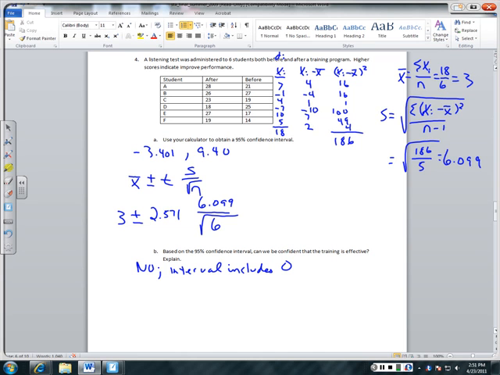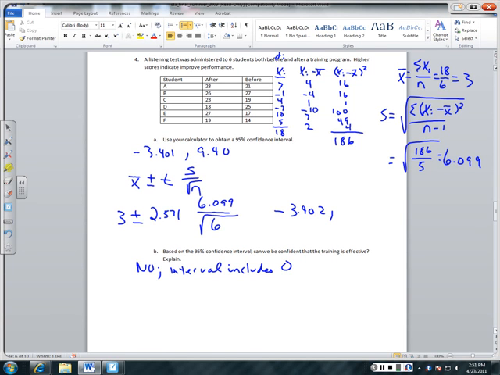I got minus 0.3401, maybe a little bit more, but 3.402 actually, if I did rounding like I normally would.